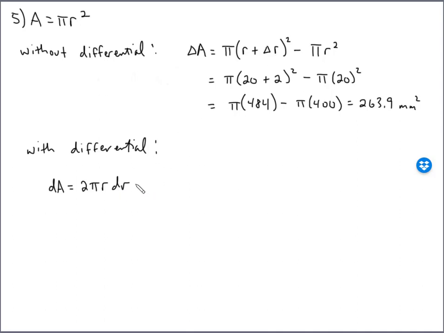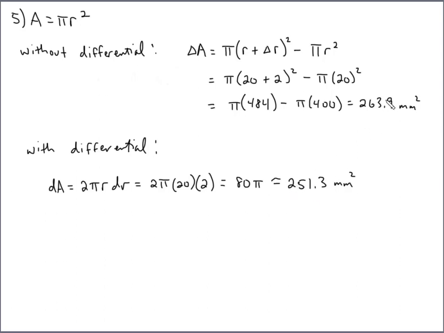In this case it's 2, so we're going to get 2 pi, r is 20, dr is 2, so 20 times 2 is 40, times 2 is 80, that's 80 pi, and if you put that in the calculator, you get about 251.3 square millimeters.